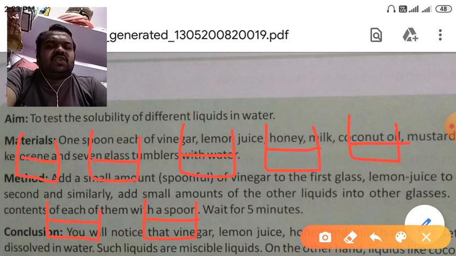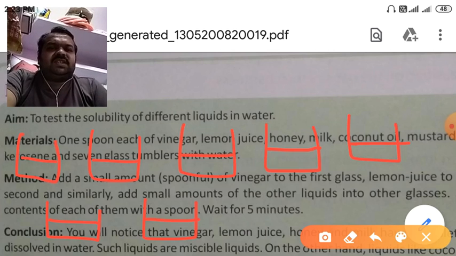That's why you have to take 7 glasses made of glass material, and these 7 things.